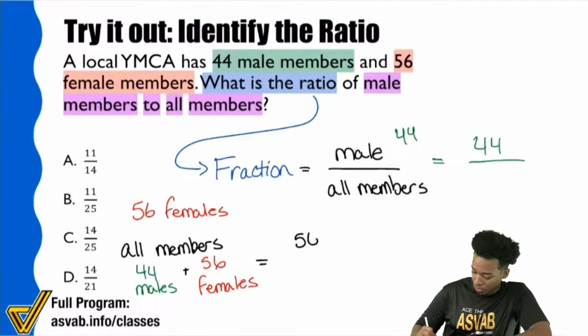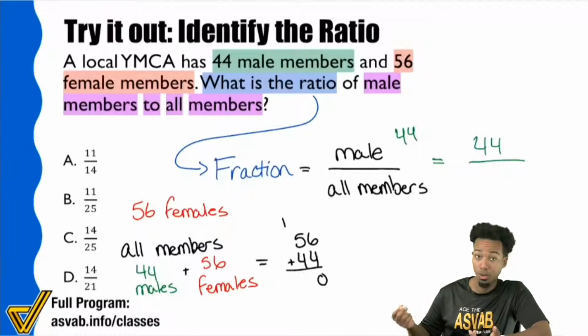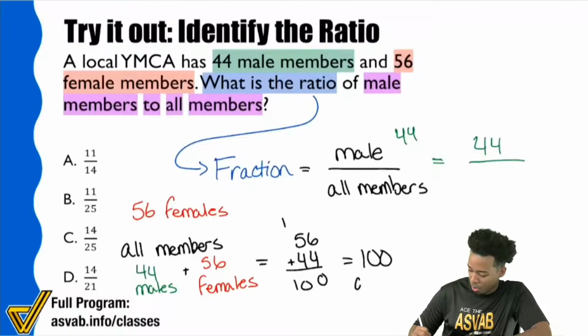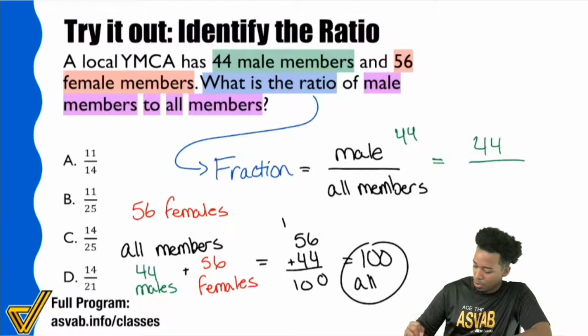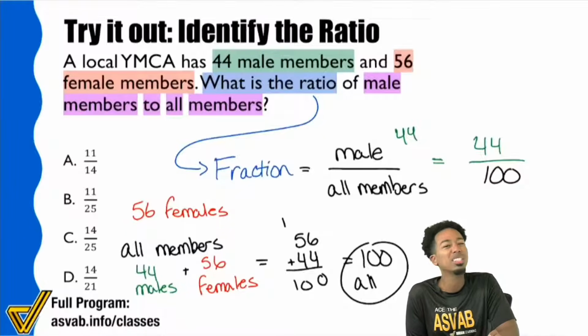Right, that's going to be 100. 56 plus 44, if you add them together, 6 plus 4 is 10. 5 plus 4 is 9, plus 1 is 10. So that would be 100 for all. And that's how you can write 100 there. Does that make a little more sense, everyone?